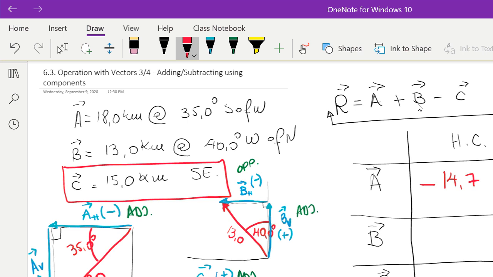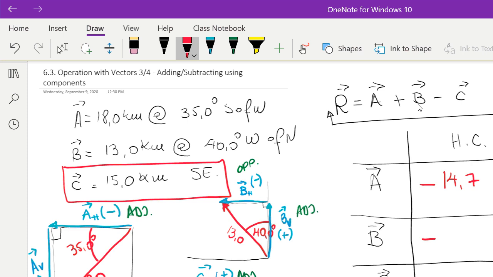When we are talking about the horizontal and vertical component of the vector B, for the horizontal, we will have negative because it is going west. And since we are dealing with the opposite, it will be sine.